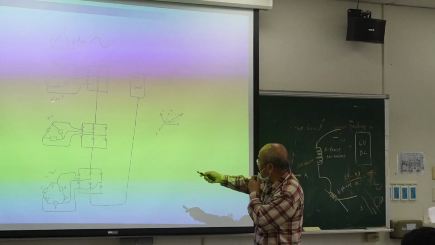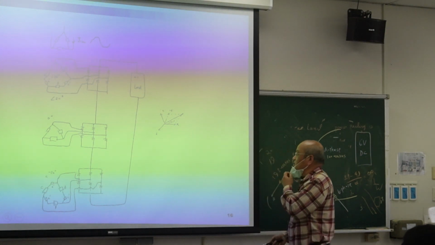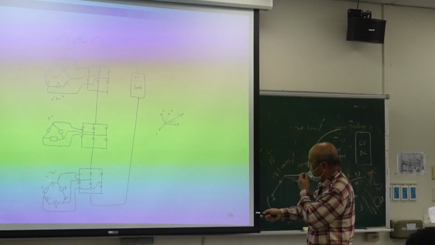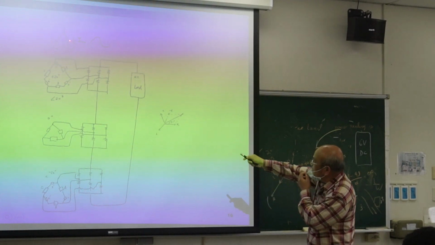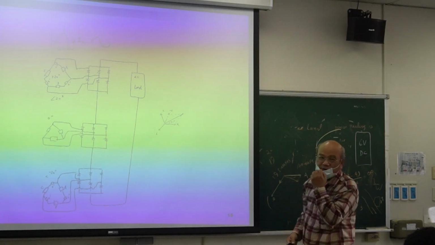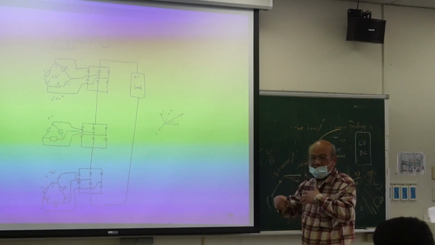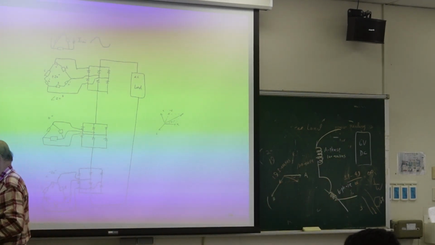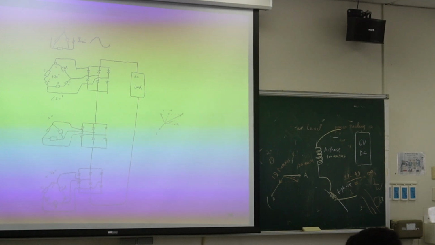We cannot get perfect 20. So if here I get 20, here I get 0, here I get minus 20, then I can prove the input current is sinusoidal. But in the real world, it is very hard to implement this kind of transformer.